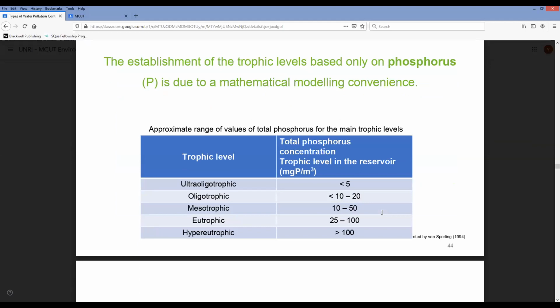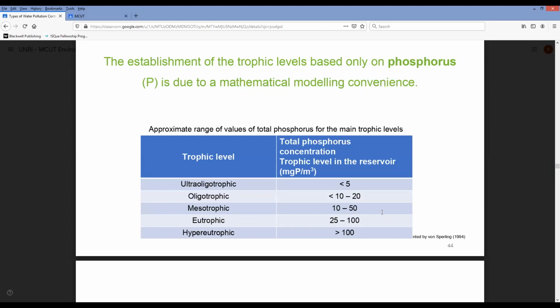The reason they only use phosphate is that phosphate might be easier for them to predict. So that's why they try to determine the trophic level by using phosphate instead of nitrogen.